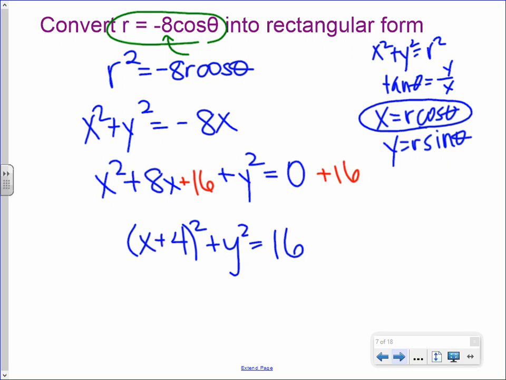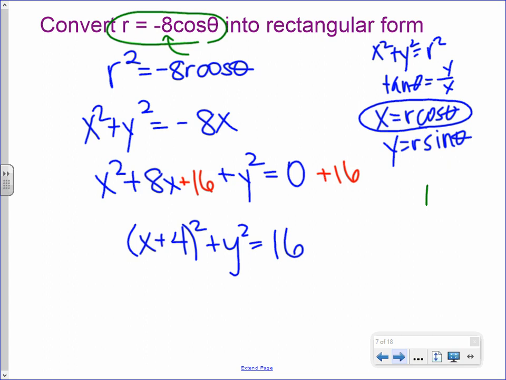We could have r equals -8 sine theta, and it would be a circle below the pole with a diameter of 8. Yes, Peter? Where did you get -8 next one? r cosine theta equals x. Yes.